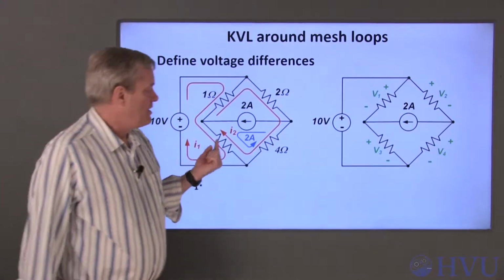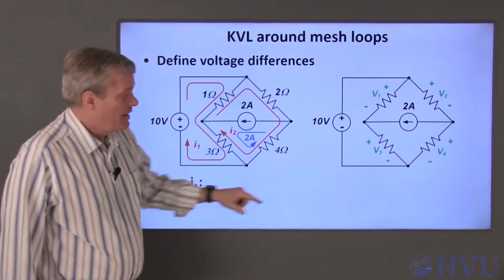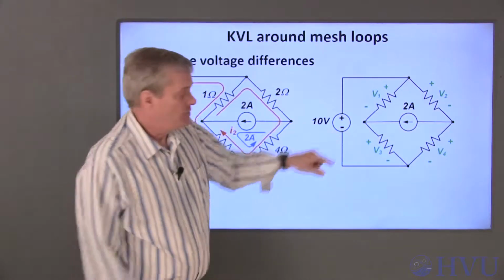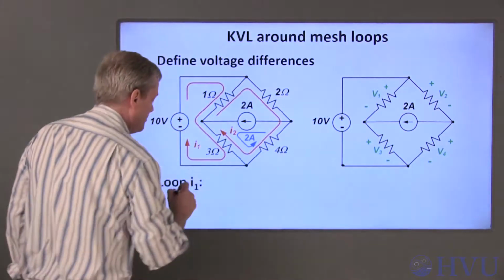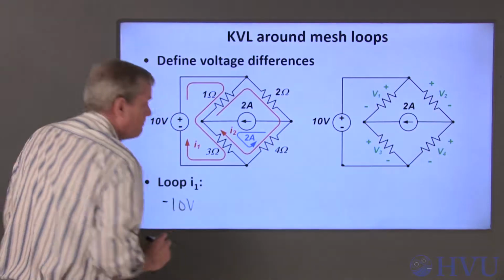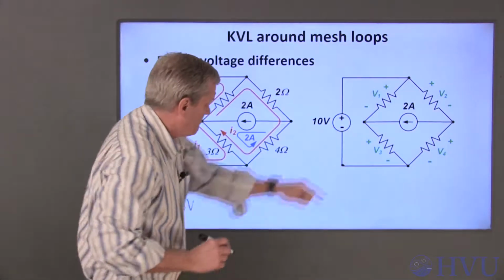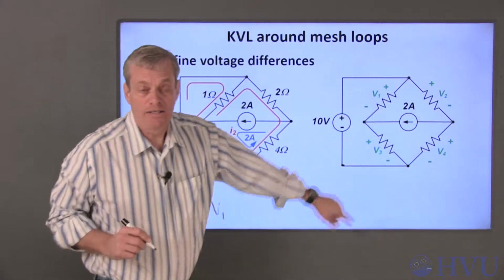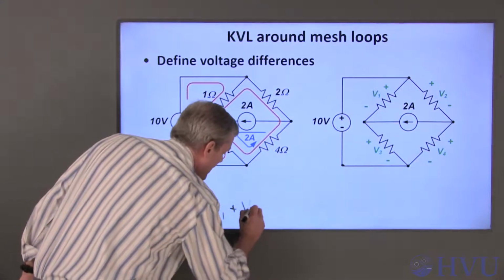Now let's do KVL around loop I1. If I follow the direction of the mesh current I1, I see the negative terminal of the 10 volt source first, so minus 10 volts. I see the positive terminal of V1, plus V1, and I see the positive terminal of V3, so I'll add that.